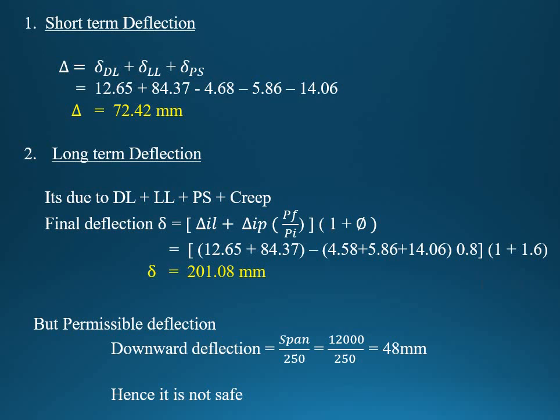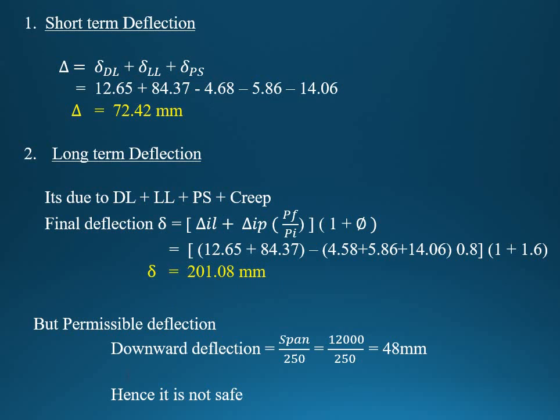The loss ratio is directly given as 0.5, into 1 plus 1.6 as the creep coefficient. And don't forget one thing: if the creep coefficient is not given in the question, you can directly assume it as 1.6. So for the long-term deflection, we got delta as 201.08 mm. This is the value for the long-term deflection.